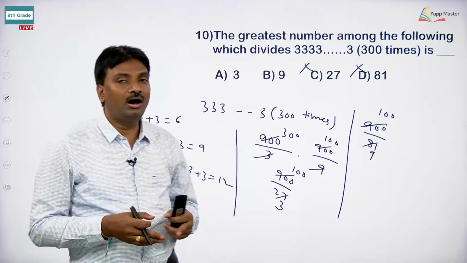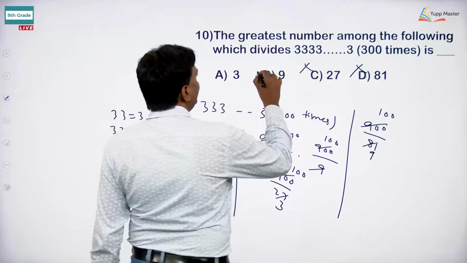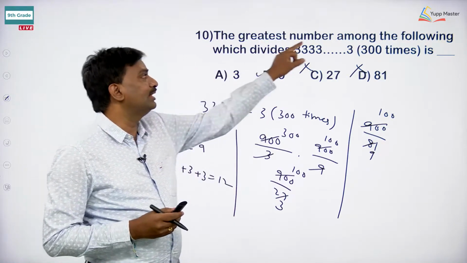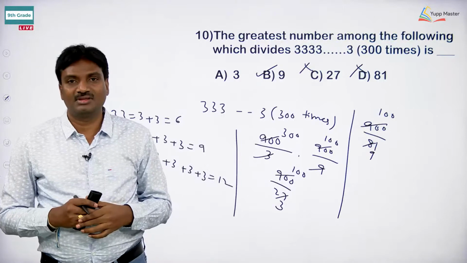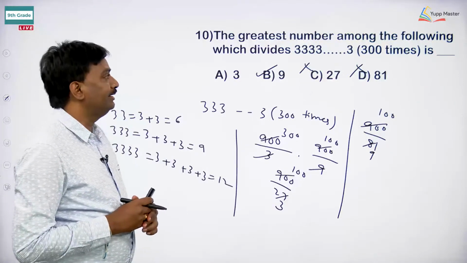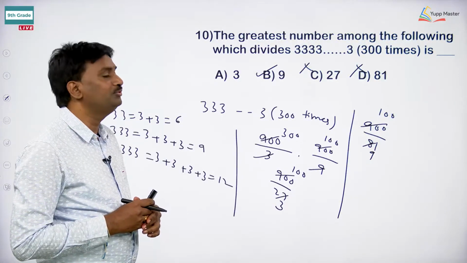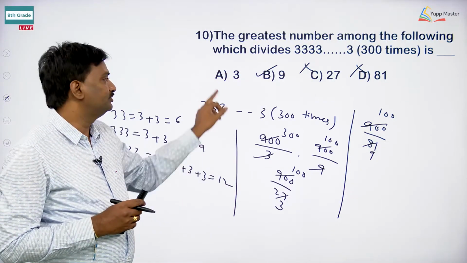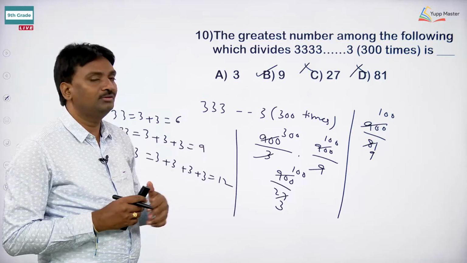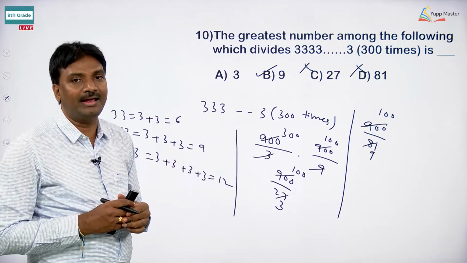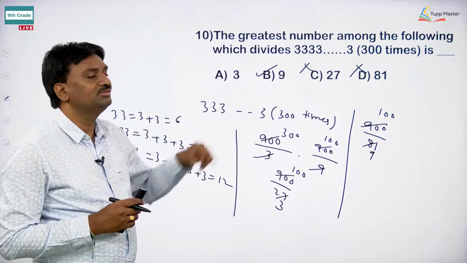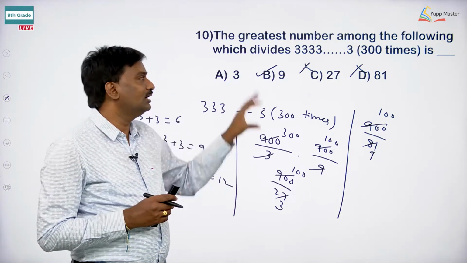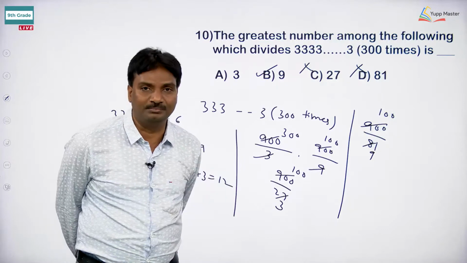Either option A or option B. Here we can take option B only, because according to the problem, the greatest number among the following which divides 3333 so on 300 times. So 3 is correct, 9 is also correct, but by observing 3 and 9, the greatest number is 9 only. So that's why option B is the correct option for the given problem.